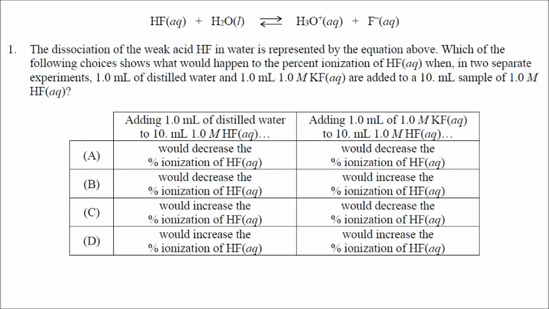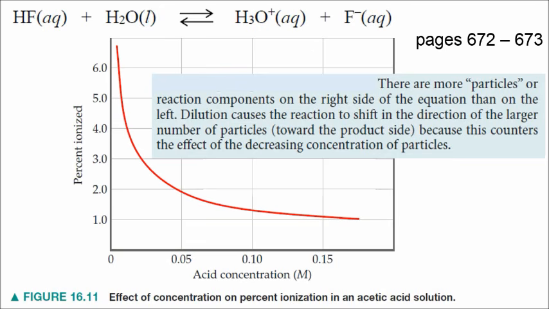First, adding distilled water to a sample of HF, and second, adding a solution of potassium fluoride to a sample of HF. Let's talk about the distilled water first. Back in Chapter 16, this information is on pages 672 and 673, we learned that there was an inverse relationship between the concentration of a weak acid and the percent ionization.